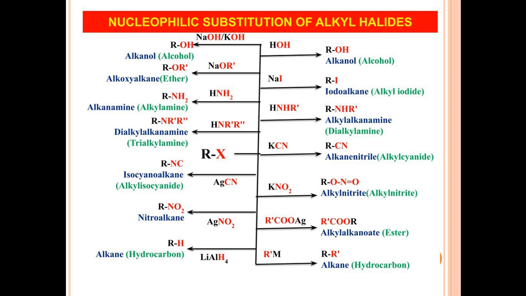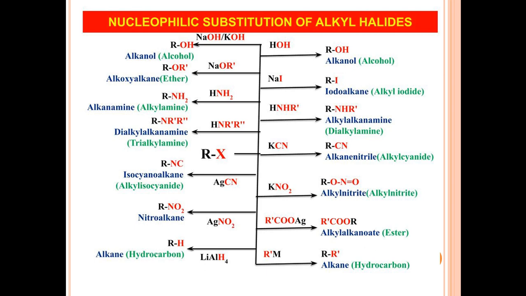When alkyl halide reacts with NaOH or KOH, it will give us ROH, or we can say alcohols are produced. So this method can also be used for the preparation of primary alcohols.